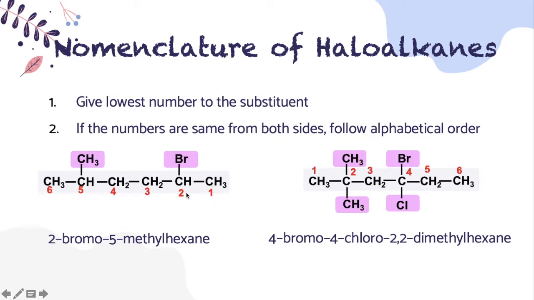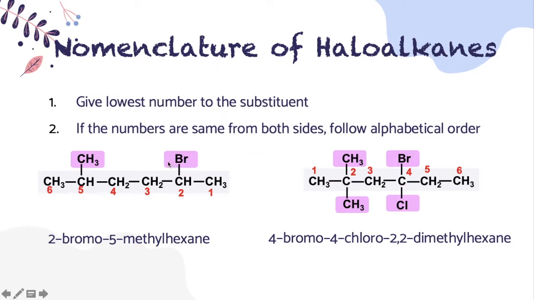So number 1 will be given to this carbon, because the lowest number must be given to the substituent: 1, 2. And if you start counting from the left, it's 1, 2. Same. So if the numbers are the same from both sides, follow alphabetical order.